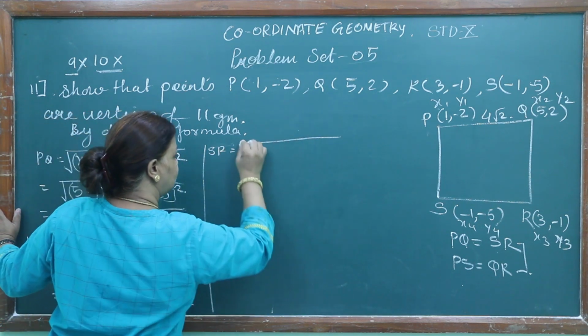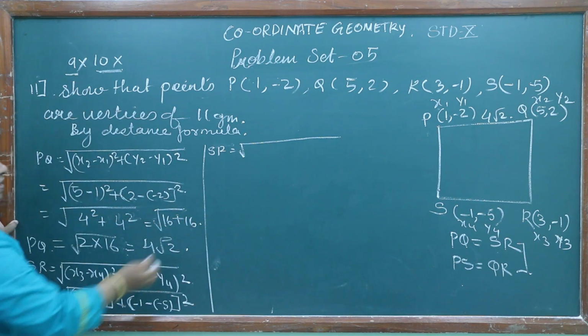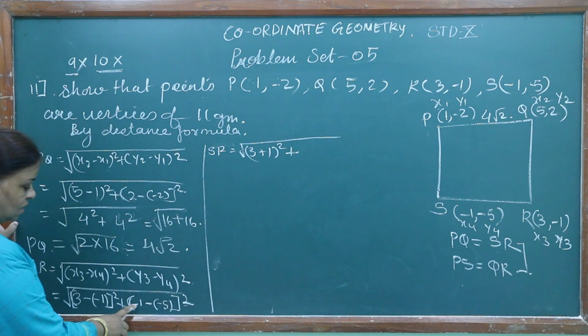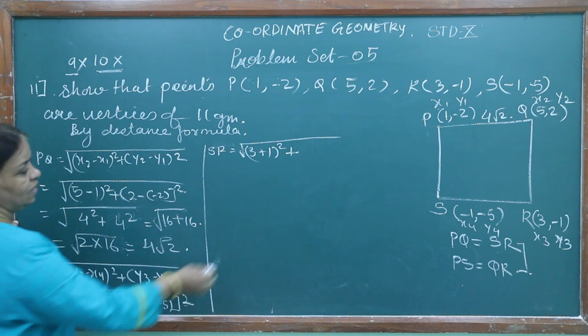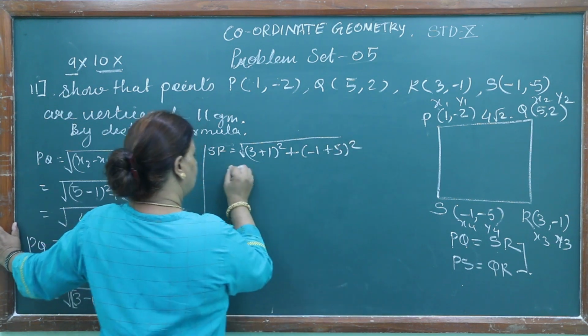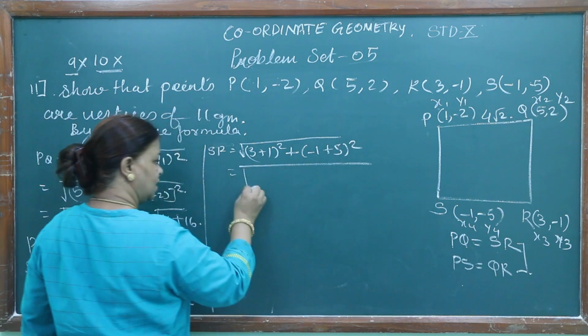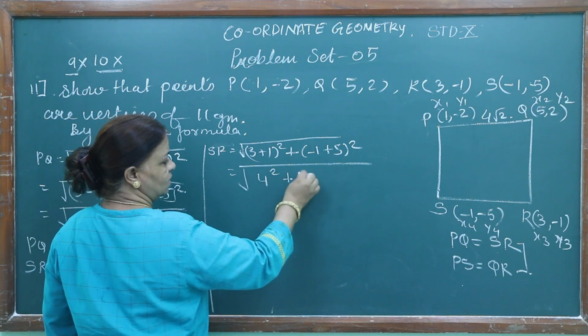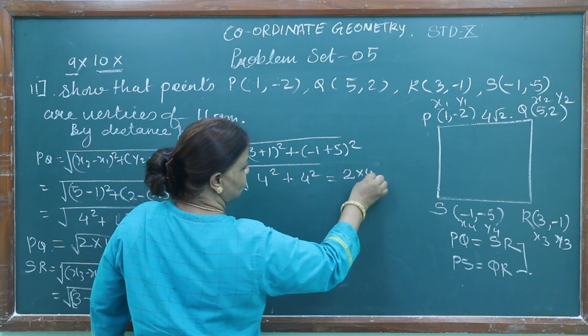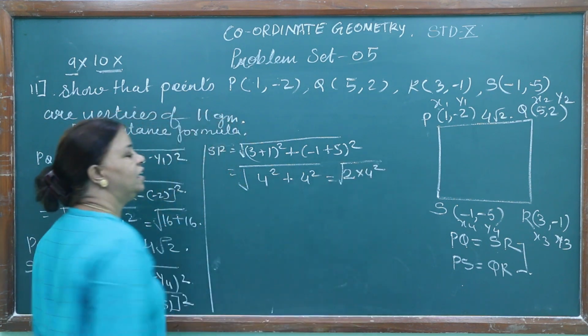SR is equal to the root of (3 plus 1) the whole square plus (minus 1 plus 5) the whole square, which can be written as 4 square plus 4 square. Again we are getting 2 times 4 square under the root.